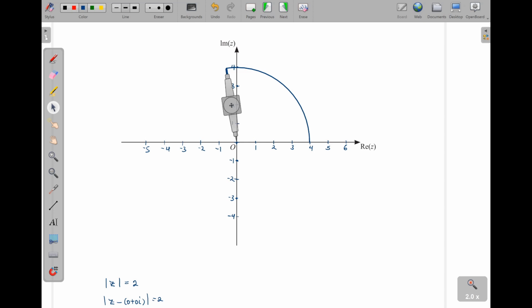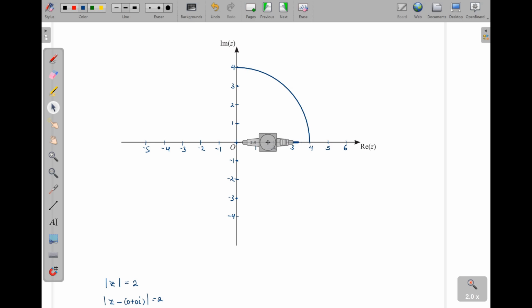It shouldn't actually exceed this 4 here. It has to be there, just like that. And then the other one has to be an arc of 2. The radius is 2. So I'm just going to duplicate this one because my compass here cannot stretch up to 2.